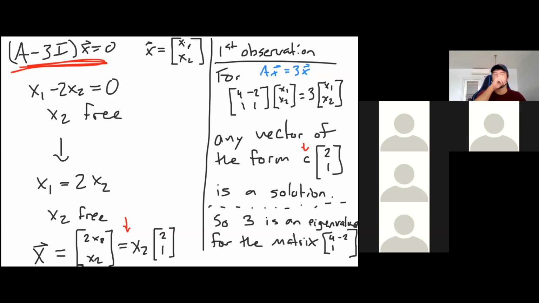But that means 3 is an eigenvalue for the matrix 4, -2, 1, 1, because for that value, I can find solutions to that equation, A times x is equal to 3 times x. We also not only found in the process that 3 is an eigenvalue, we also found out what its eigenvectors look like.